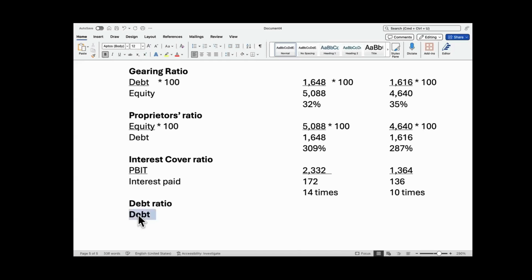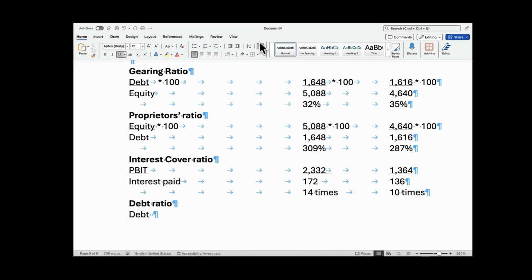What is your debt? Your debt over your total assets, times 100 over 1.